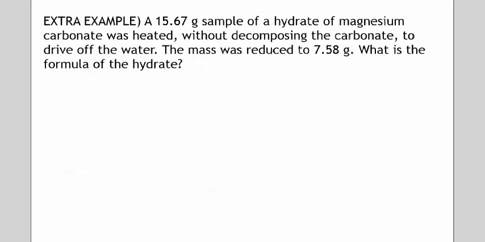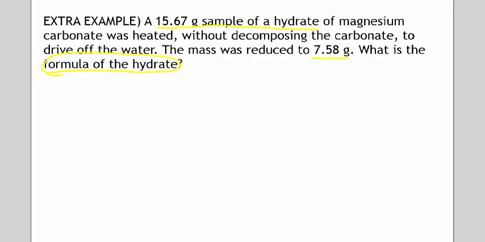Let's look at one more example. This example was not on your sheet that I gave you, but it's one that you may see. This one we're going to have to really pay attention to. We have a 15.67 gram sample of the hydrate of magnesium carbonate. Without decomposing the carbonate, to drive off the water, the mass was reduced to 7.58 grams. What is the formula for the hydrate?